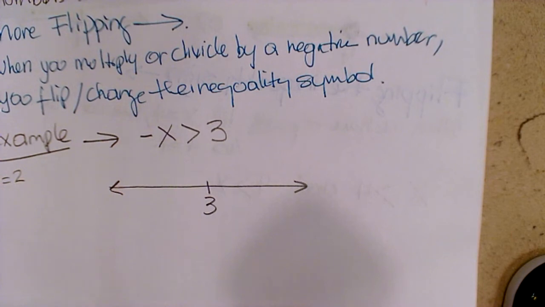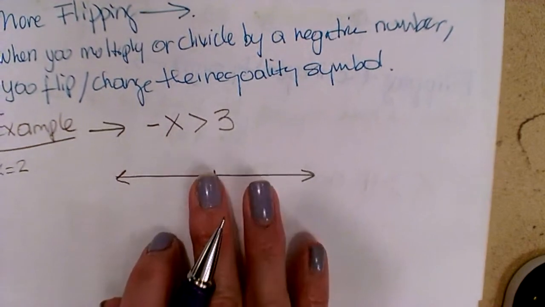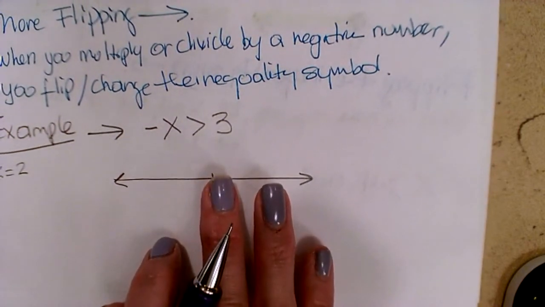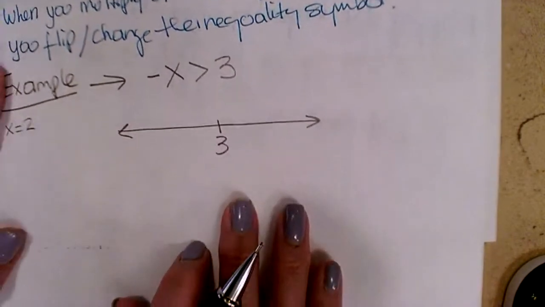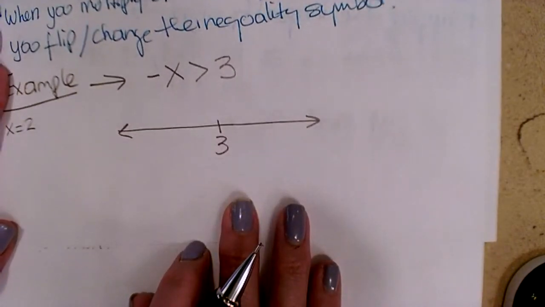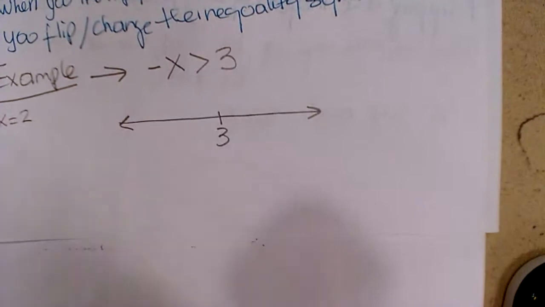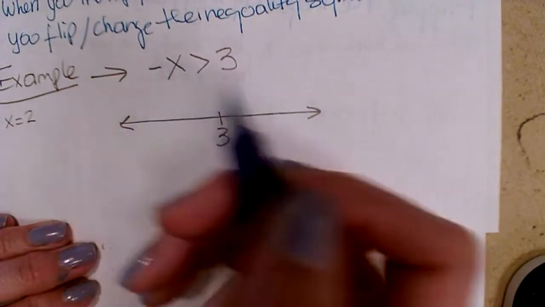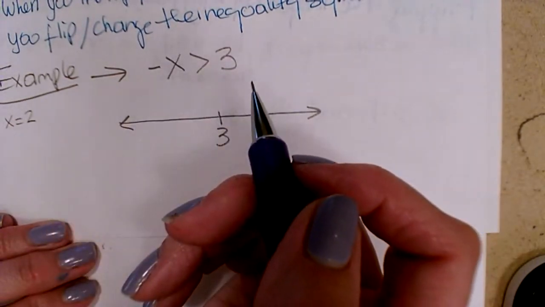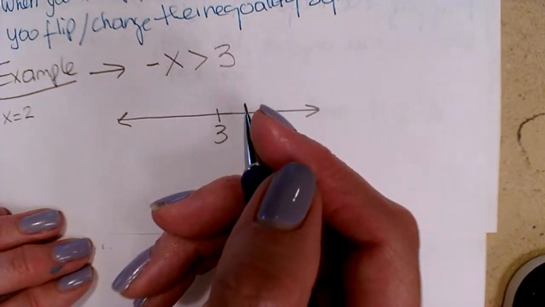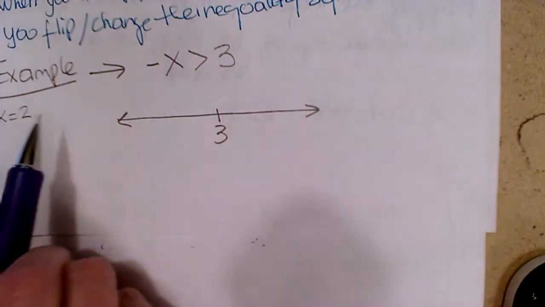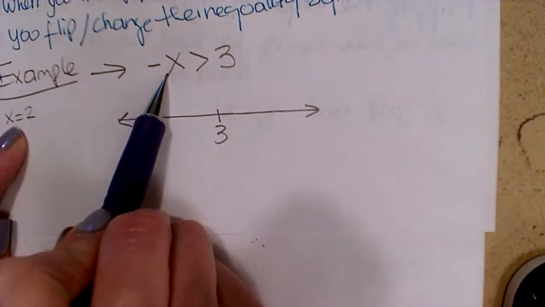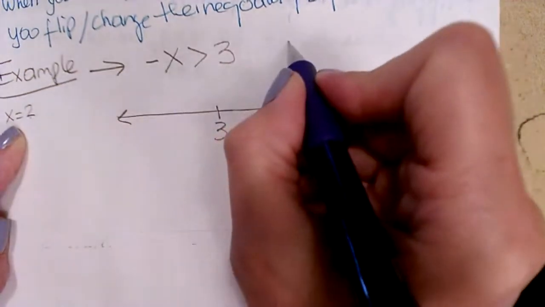Okay? So for example, negative 2. What happens if I write down here negative 2?